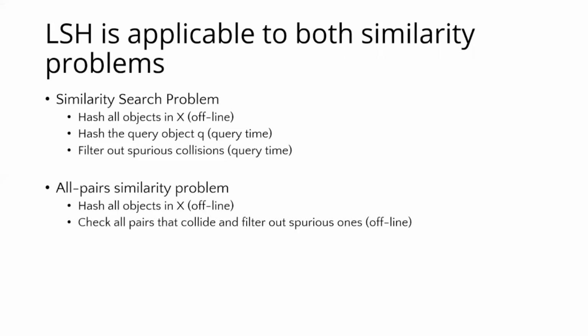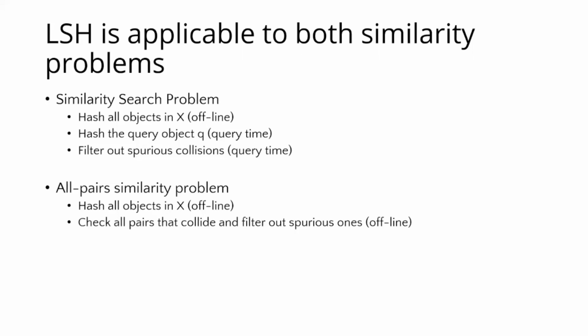The all-pair similarity problem is where you don't necessarily have a query point. You just have a set of points in a set X, you choose all possible pairs between those data points, and you want to compute the distance among each other.